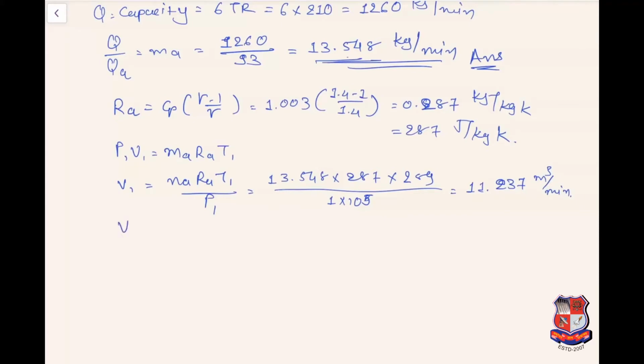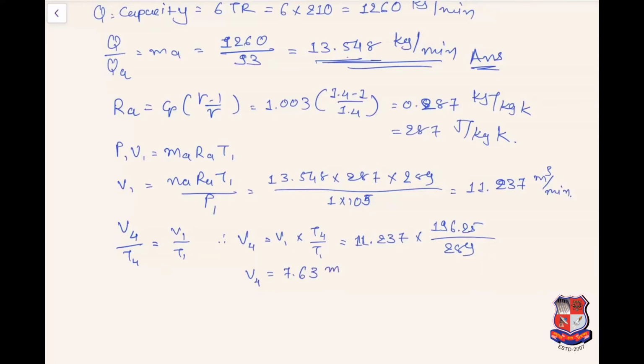So now if we take the ratio V4 by T4 is equal to V1 upon T1, then we can find out V4, and that is equal to V1 into T4 by T1. So 11.237 into 196.25, that is T4, divided by 289, and V4 we will get is 7.63 meter cube per minute.